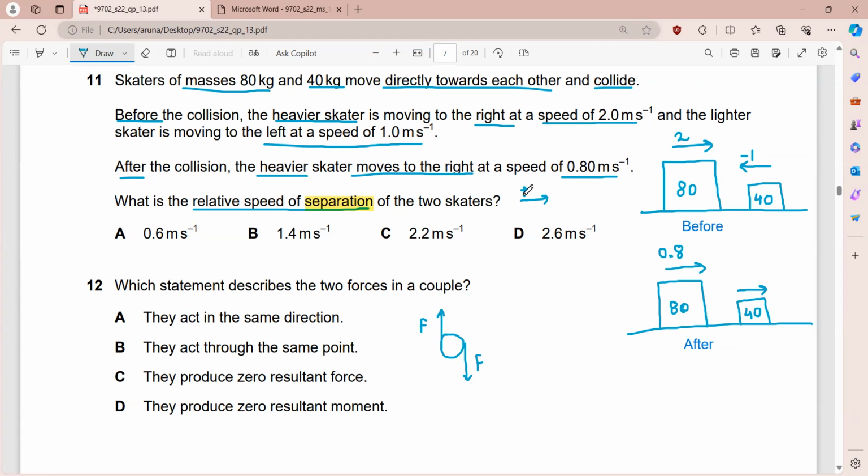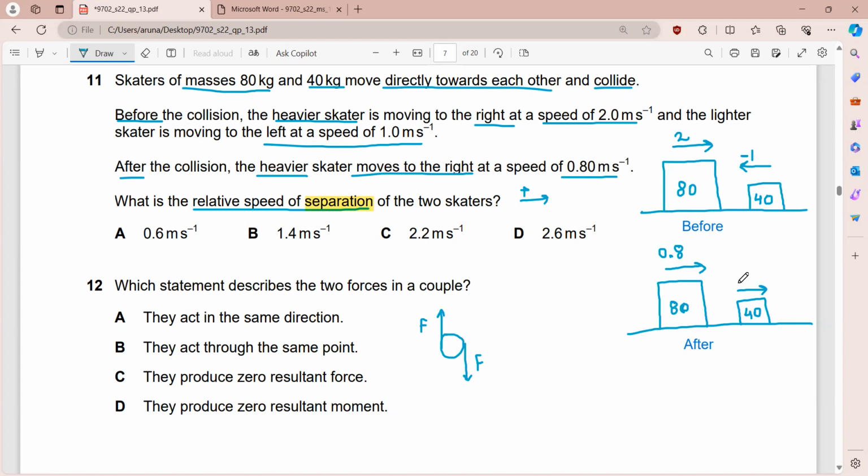So if you make a framework, like, okay, I need to have mass, I need to have velocity, and I need to have the sign, negative or positive, for each velocity, then you'll automatically not go wrong in this step. So since I'm taking right as positive, this, since it's moving towards the right, will also be positive. So there's no negative sign here, right?